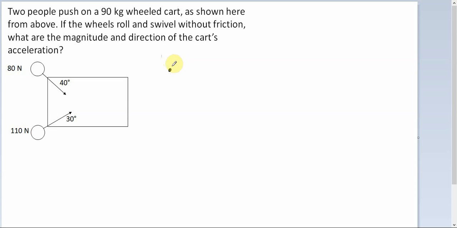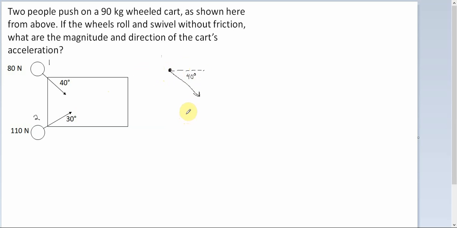Okay. So, let's start with this person. I'll call this person 1 and this person 2. And person 1 is exerting a force on the cart this way, at an angle of 40 degrees.